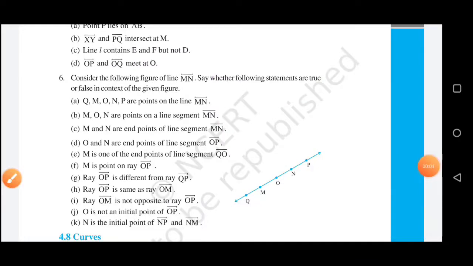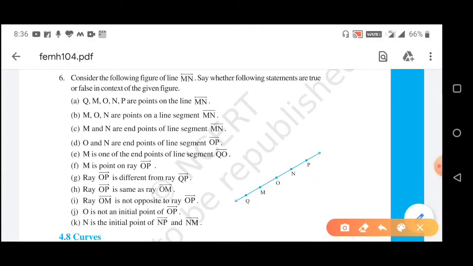Question number 6, consider the following figure of line MN. Say whether the following statements are true or false in context of the given figure. So, question number A is Q, M, O, N, P are points on the line MN. So, it is true.